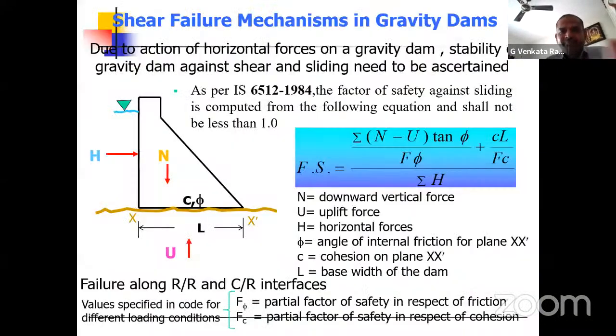Now see, for the design of any particular dam, these are the normal forces, this is the horizontal force, this is the uplift force. Ultimately, there is a need for a factor of safety.